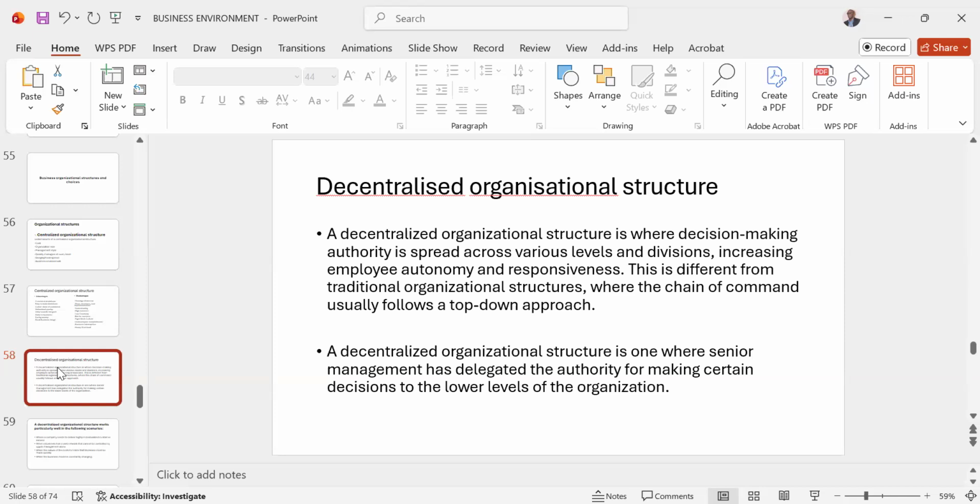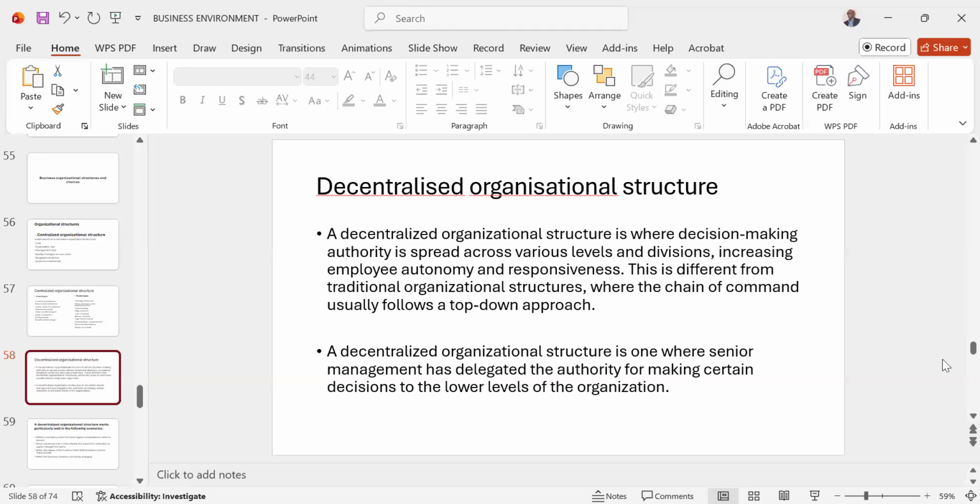Yes, sir. So in a decentralized structure, decision making is done at every level and division in an organization. Employees are given that power, that autonomy to actually show their skills, and they are also responsible. Is it clear? Yes, sir.